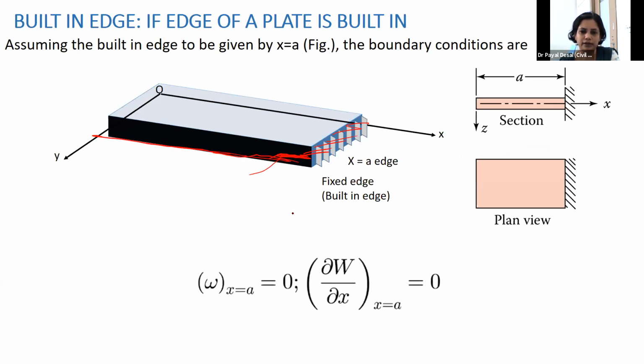If the plate wants to deflect and it has a slope, the slope starts after some distance away. The tangent plane of this plate is meeting the original surface, that means the slope is zero, so del W by del X is zero. So these are the boundary conditions for the fixed support.